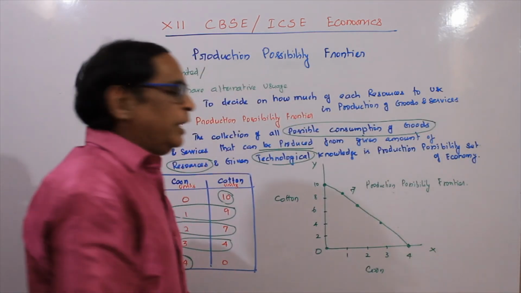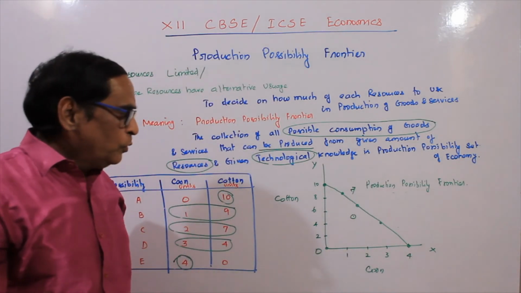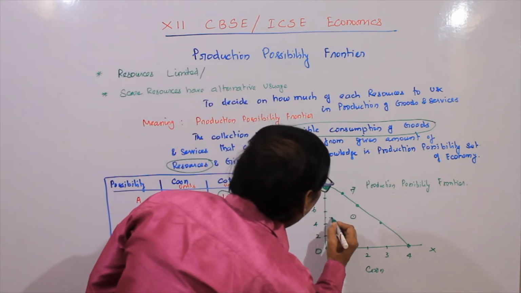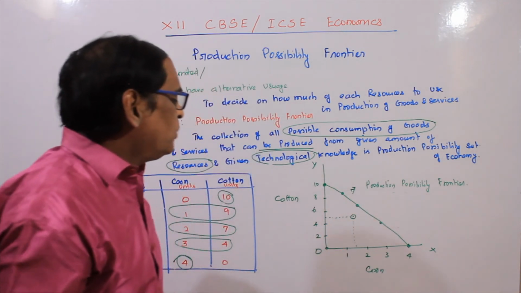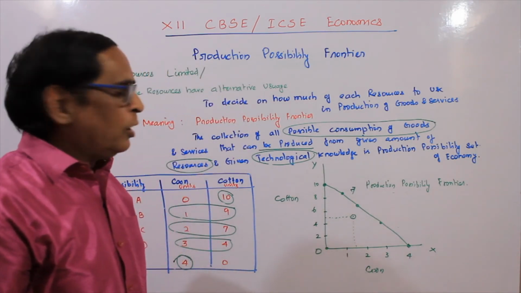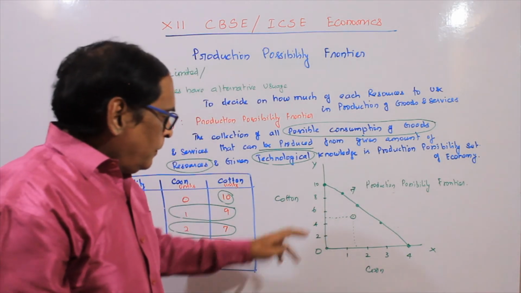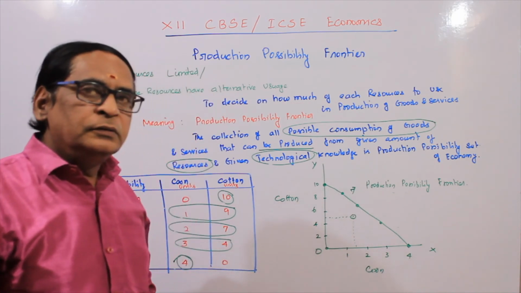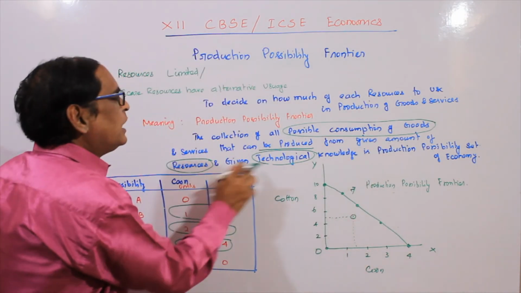And then one more point. If we decide on any point here, for example this point, if we want to manufacture this combination, that is 1.5 units of corn and 5 units of cotton, what does that mean? This is a given amount of resources and technology.